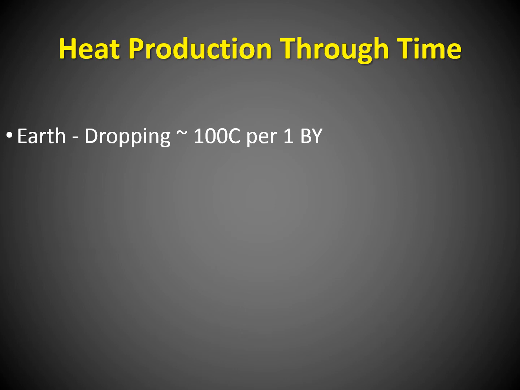In fact, its average temperature is dropping about 100 degrees C per billion years. So it's about 400 degrees cooler than when it first formed as a planet. Heat is being liberated, escaping from the Earth's surface constantly. So the Earth is cooling off, but on our time scale, it's not very significant.